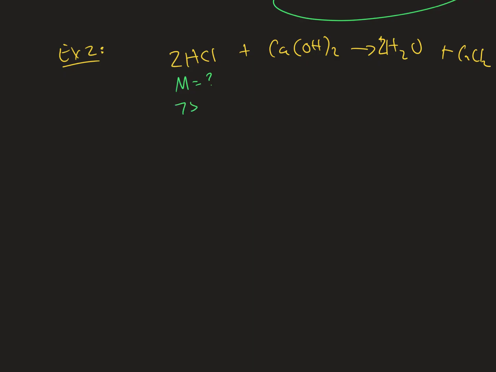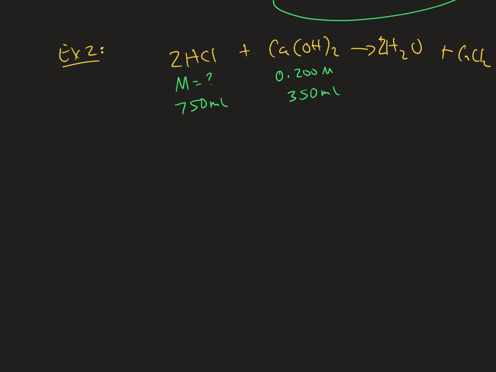I know we have 750 milliliters of this solution, and we also have the concentration. It's going to be the same concentration, 0.200 molar calcium hydroxide. And we still have 350 milliliters of this solution. And we're looking for the concentration of our hydrochloric acid solution.